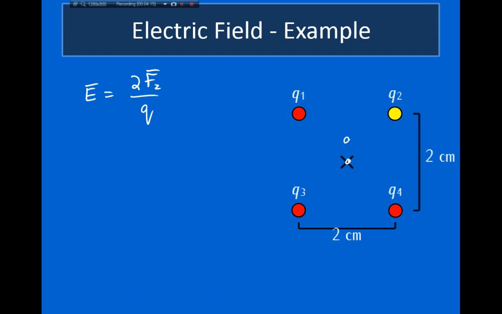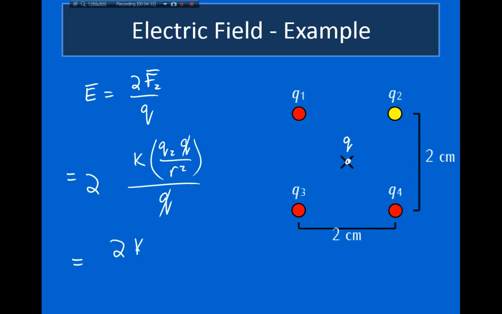So let me call this Q. And this is going to be equal to 2 times the force, which is K times Q2 times Q divided by the distance squared, and then we divide by Q. So the Q's cancel, and this is just going to be 2K Q2 divided by R squared.